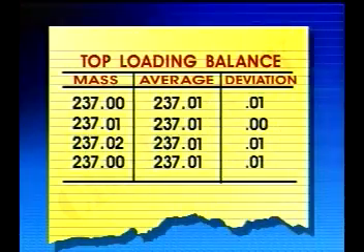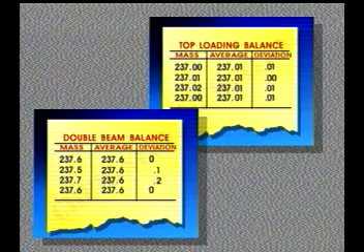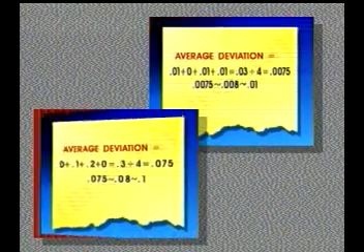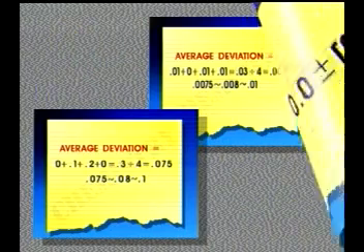The question now is, how precise are these measurements? To find out the precision, we calculate the average deviation. We compute the difference between each measurement and the average. We then get the average of these differences or deviations.